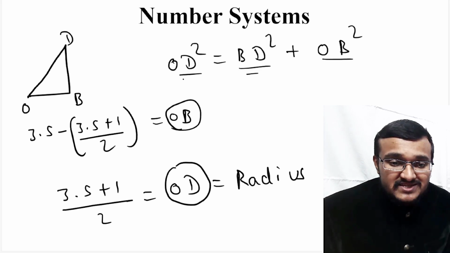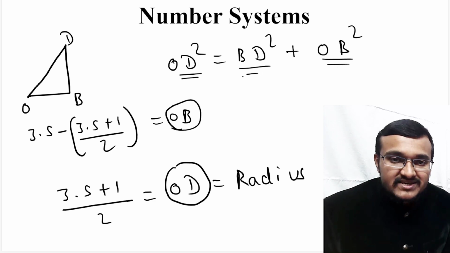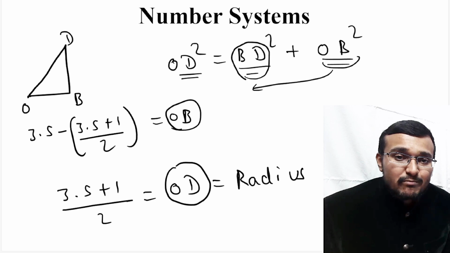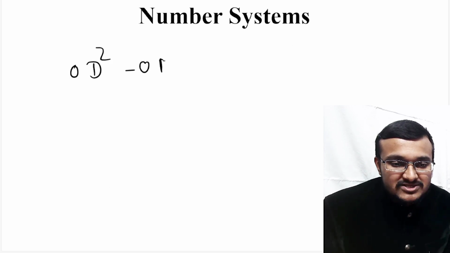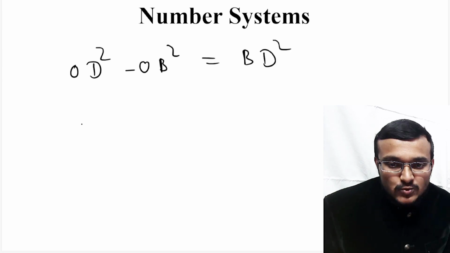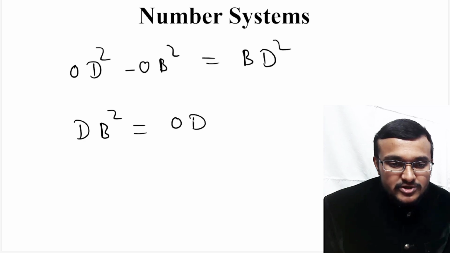According to the Pythagoras theorem, OD square is equal to BD square plus OB square. Now we want to calculate the value of BD, so we bring OB square to the left-hand side, and it becomes minus OB square. So OD square minus OB square is equal to BD square, or DB square, which is equal to OD square minus OB square.